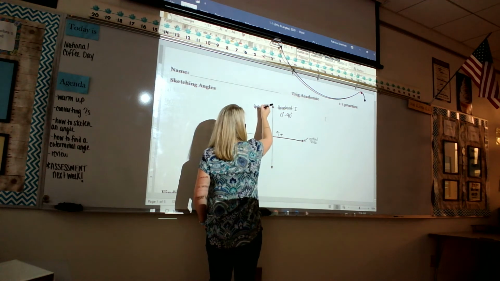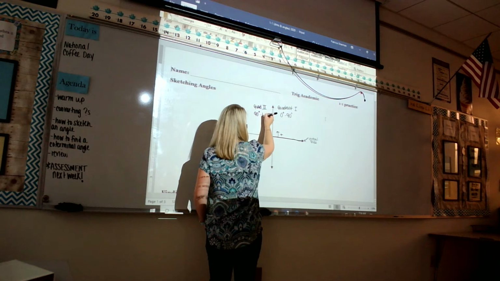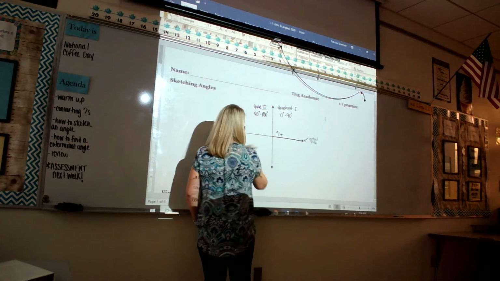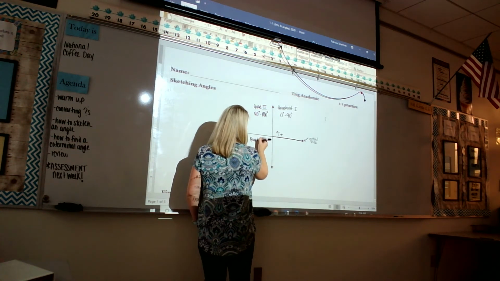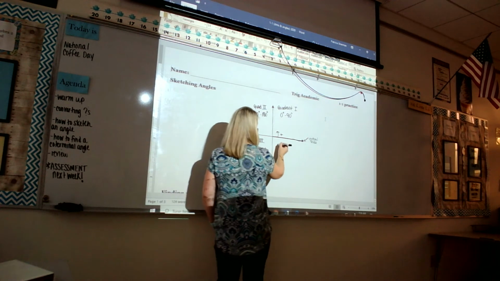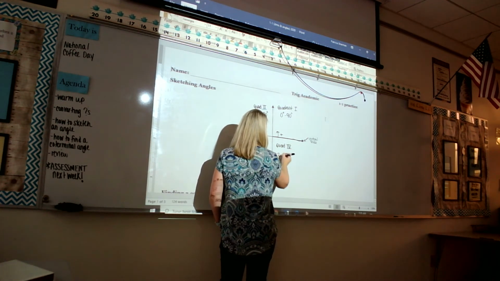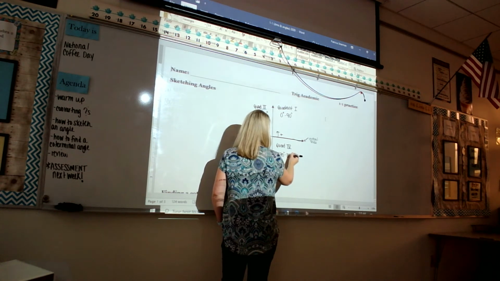Quadrant 2 is between 90 and 180. Quadrant 3 is between 180 and 270. And last but not least is quadrant 4, and that's between 270 and 360.